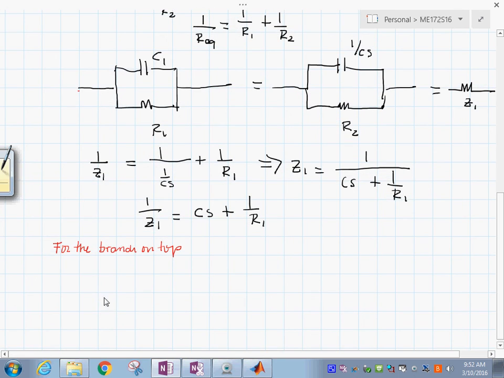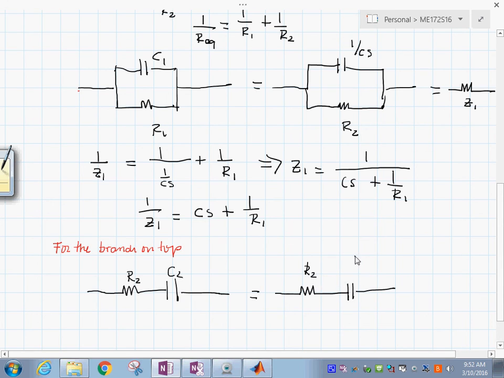You see, this is the normal form. If we write in the impedance form, we can say that this one here is R sub 2, but this one is 1 over C sub 2 times S, and this of course is equal to Z2.